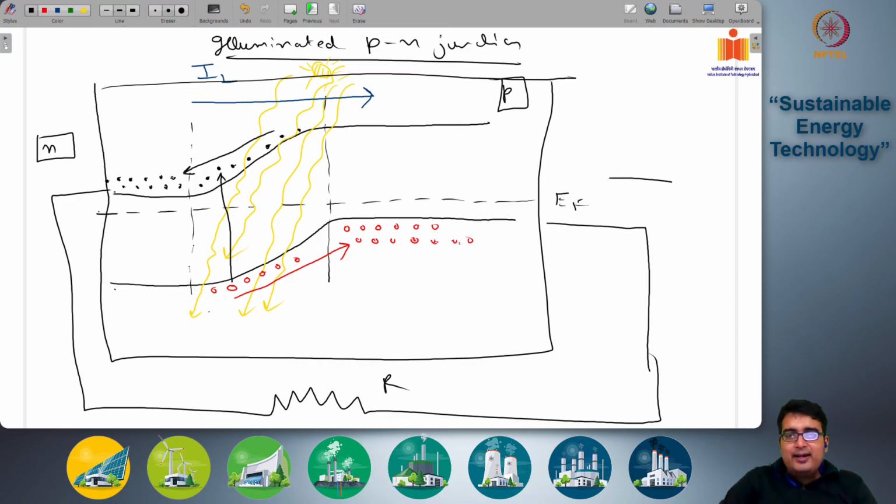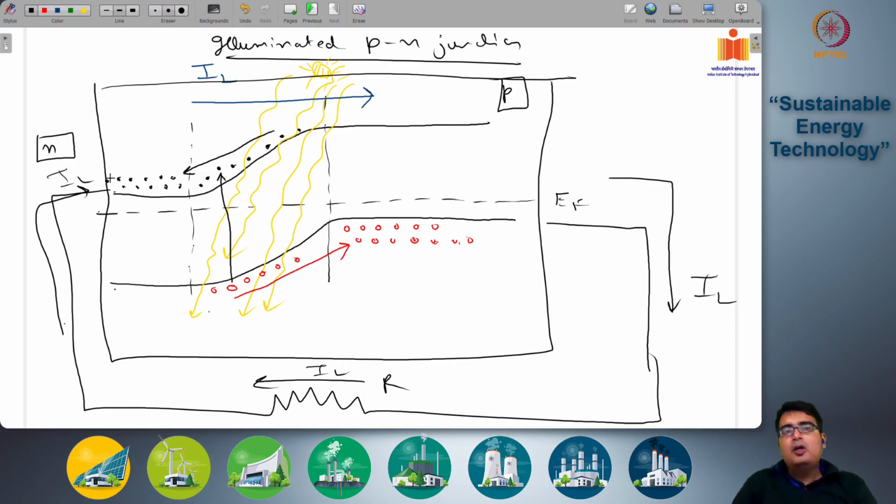Okay, then this light current will flow this way. You can think of it as a flow of electrons this side, will flow through this side and will move this way. Or you can think of it as electrons flowing this way, going to this side, go up to this side and recombining with the holes here.